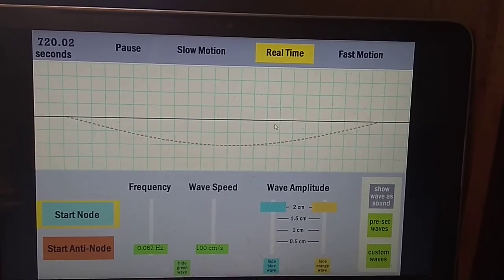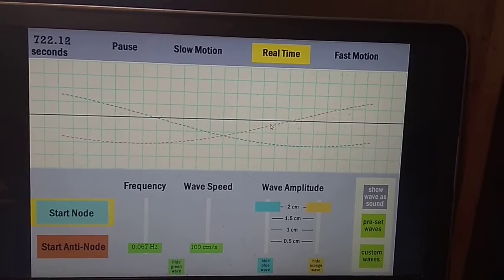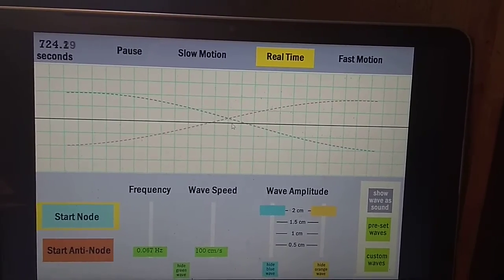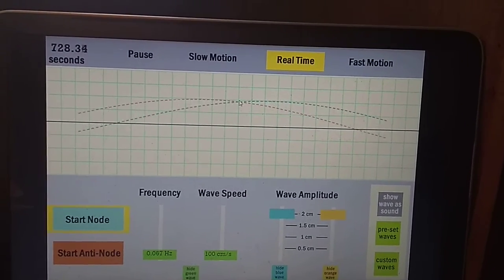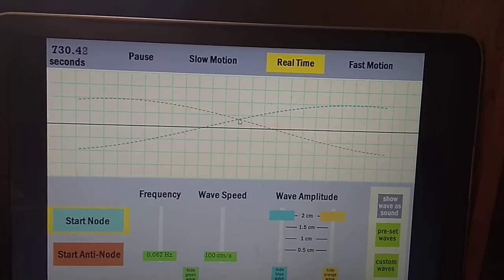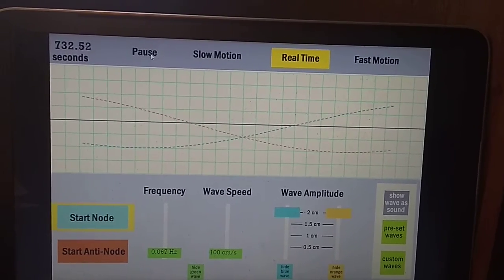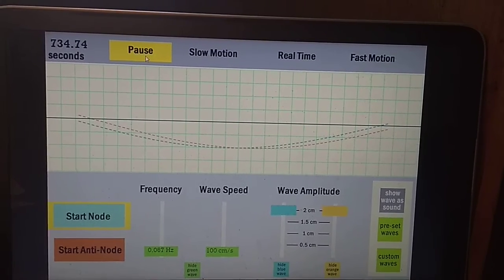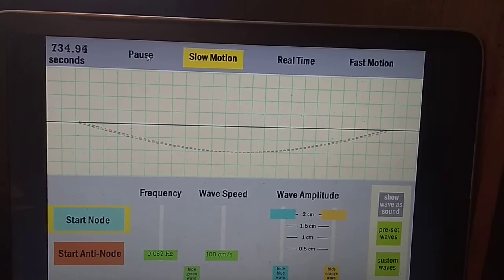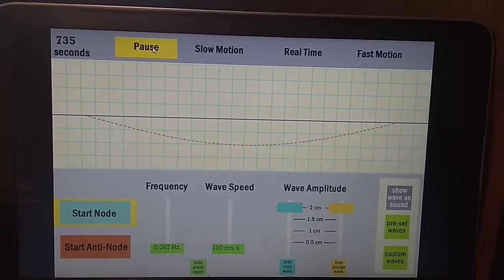And I want you to notice a couple of points here that are interesting. Notice at this point right in the middle, the waves always have the same displacement from equilibrium. Right when they get about here, the waves are completely overlapped.